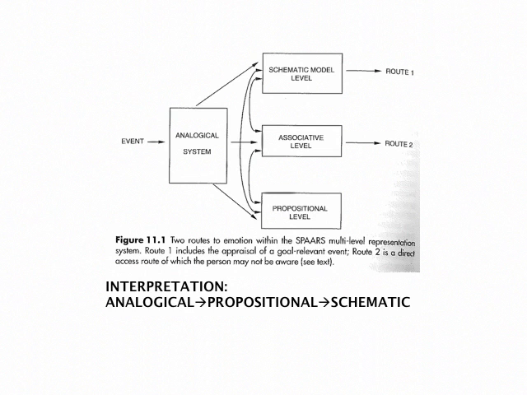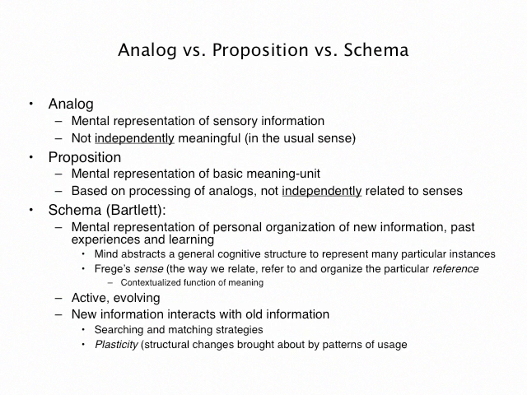The analogs stimulate the activation of relevant propositions, and then those propositions get organized into increasingly complex, higher order organizations, and then we call them a schema. And the schemas are interpretable. Not all schemas are goal relevant, but the ones we're talking about here are.